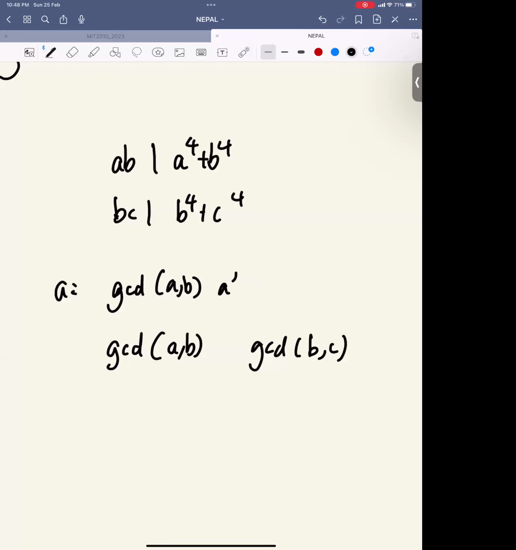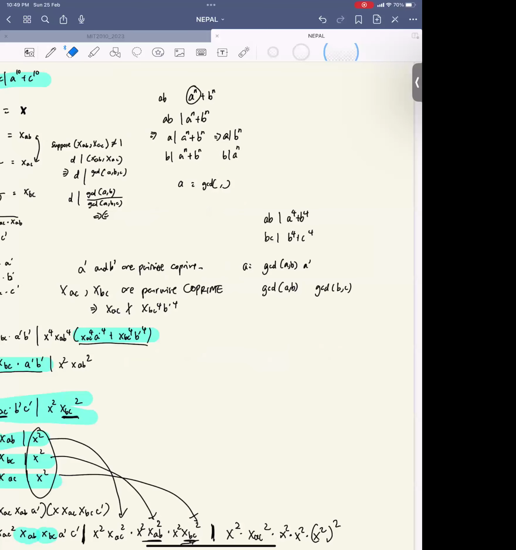And that is problematic because we want to be able to express A, B, and C as a combination of coprime factors. It's the whole point of using GCD in the first place. So if there is some shared factor between the two GCDs, it defeats the purpose of using GCD in the first place. Yeah, that makes sense.